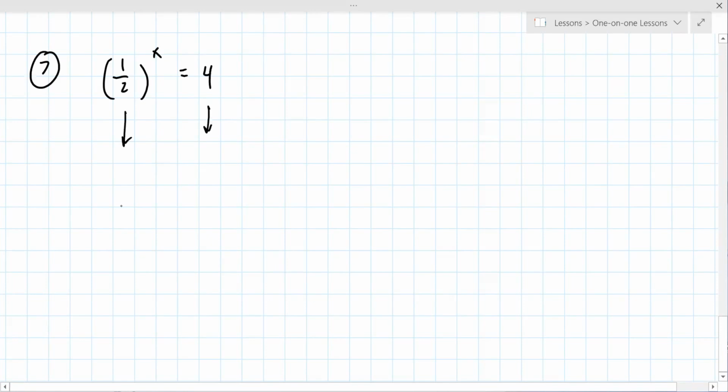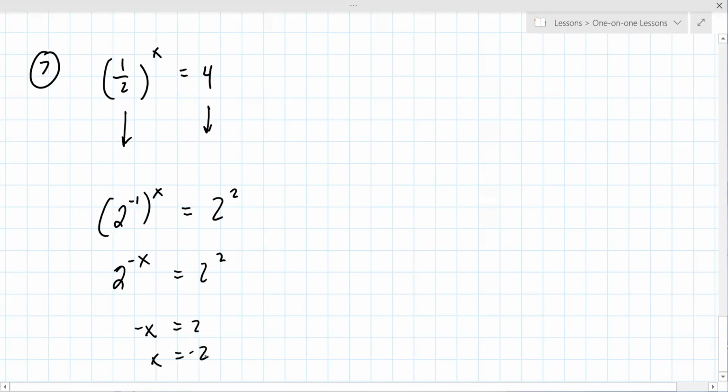Like 1/2 is really 2 to the -1 power, and 4 is really 2 squared. The whole game here is can you figure out what the right base should be? So now I get -x equals 2, and then divide by -1, and x equals -2. Yes.